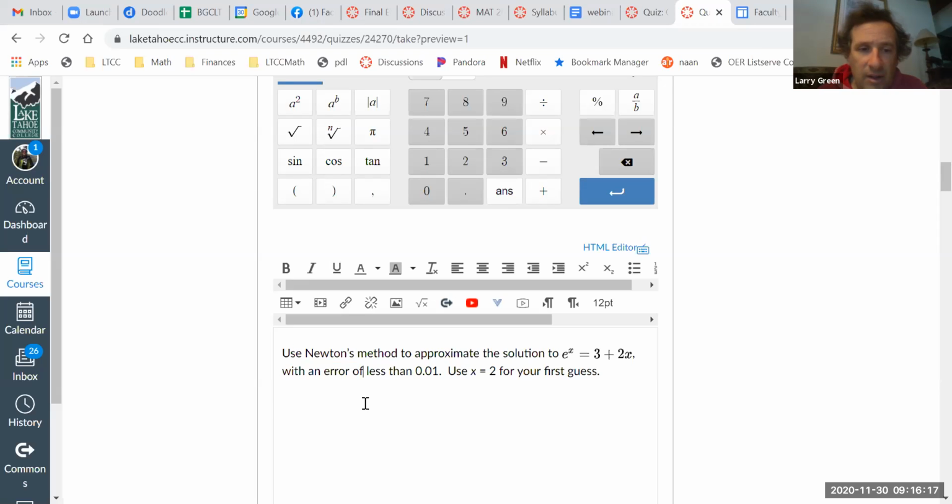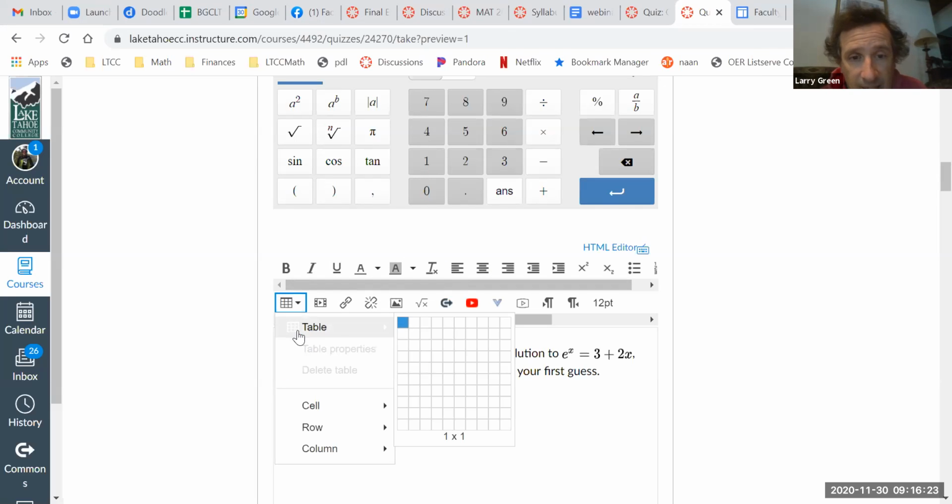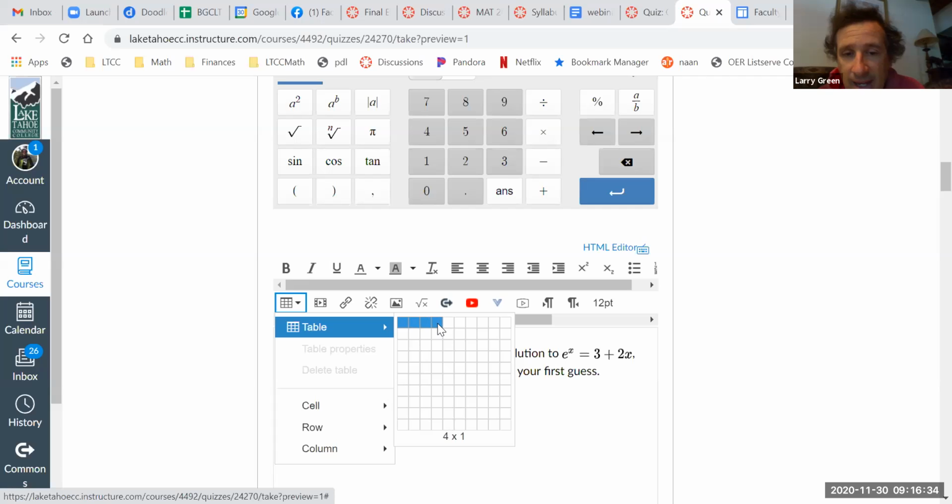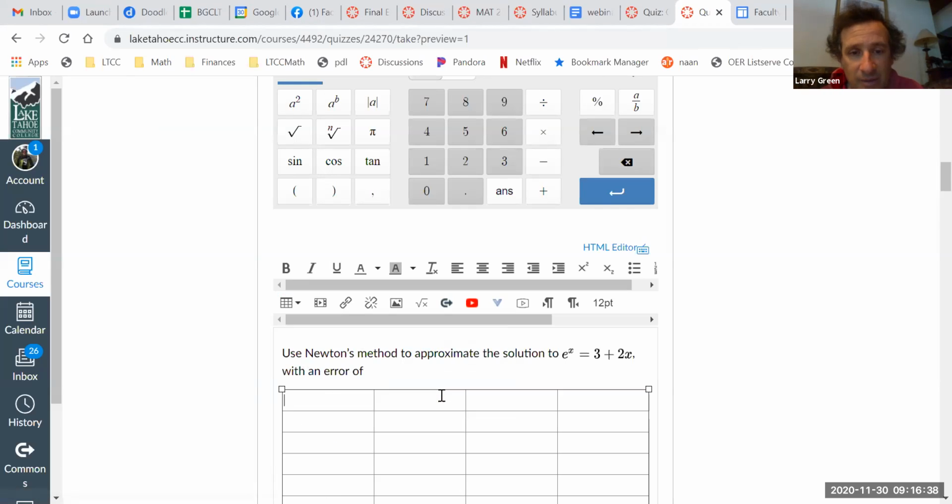In our table, we're going to have our guess, our function at that guess, our derivative at that guess, and then the next guess recursively, and then however many rows I need.